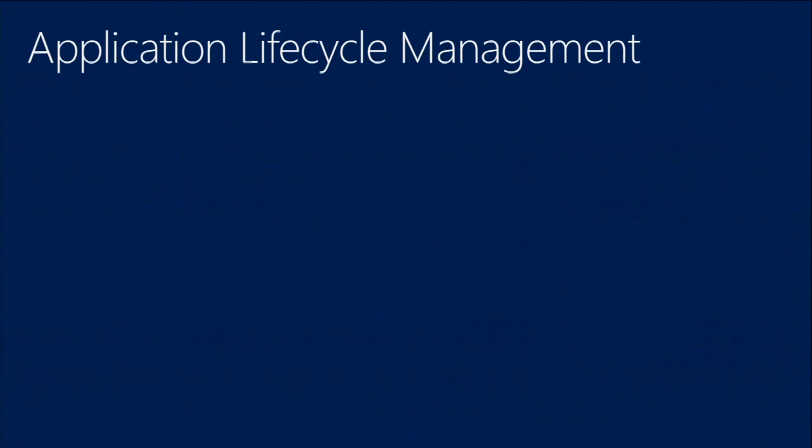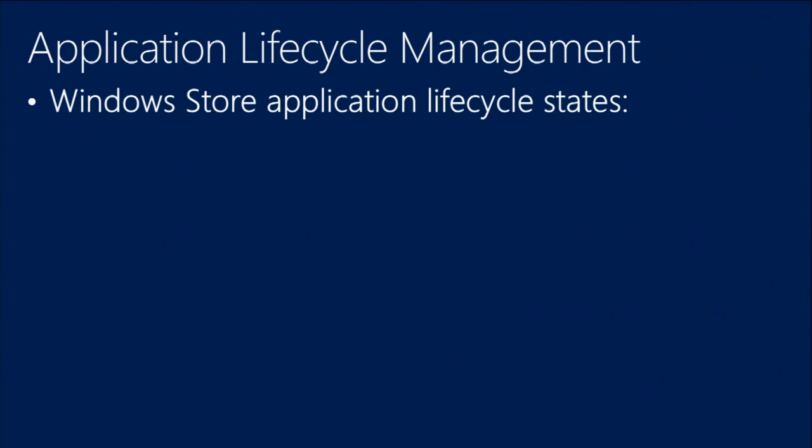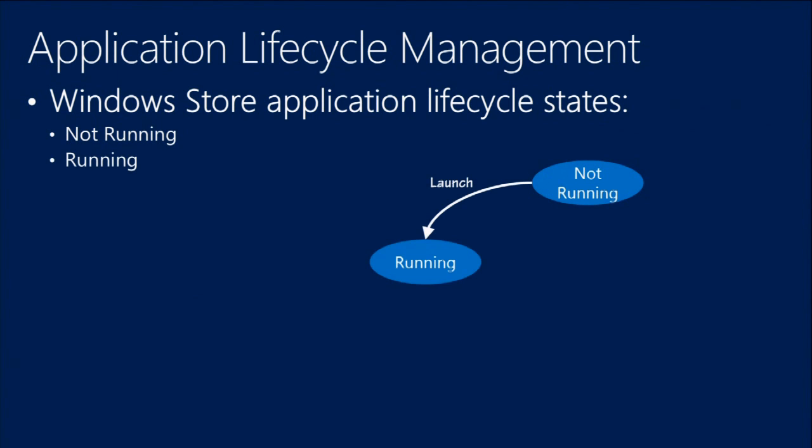Okay, in terms of state management, there's a bunch of different application lifecycle states, and I'll talk in a little more detail about this at my navigation one tomorrow. But basically, a Windows Store app goes through a series of states. Starts off in a not running state. User launches it, and it's running. It's on the screen.